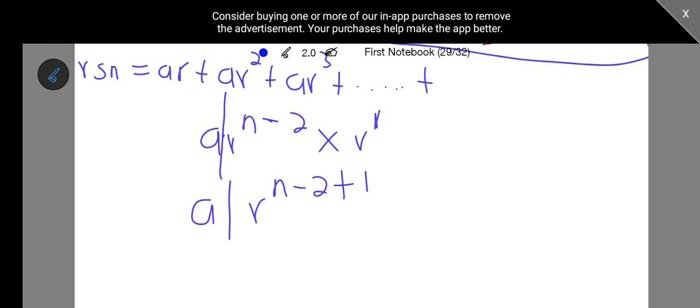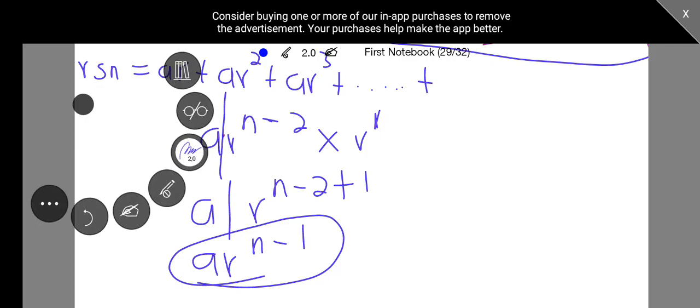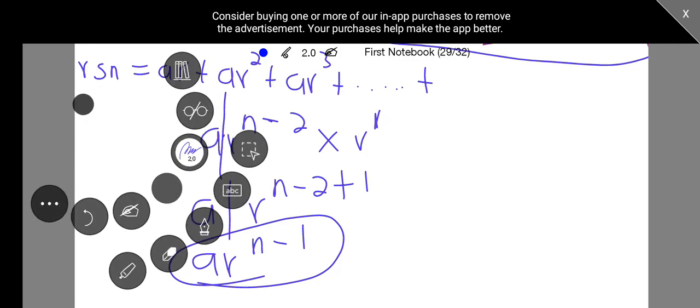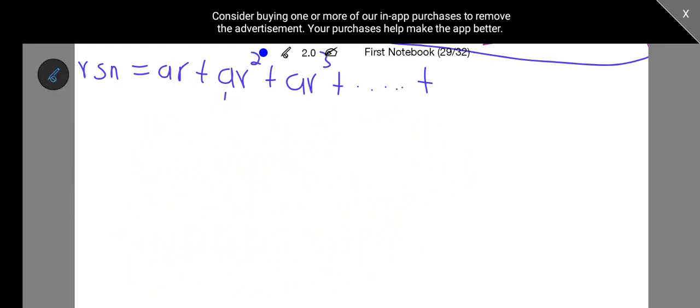I hope you can see this. So this is going to give us r to the power of n, and negative 2 plus 1 gives us negative 1. This means that the term that we're looking for is ar to the power of n minus 1. I hope you understand this. So here we are going to have ar to the power of n minus 1.